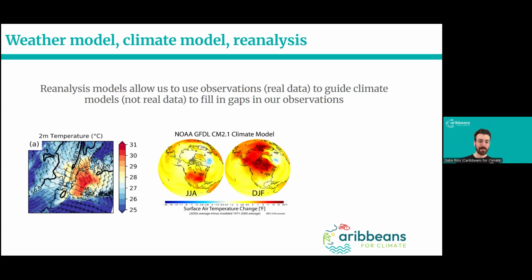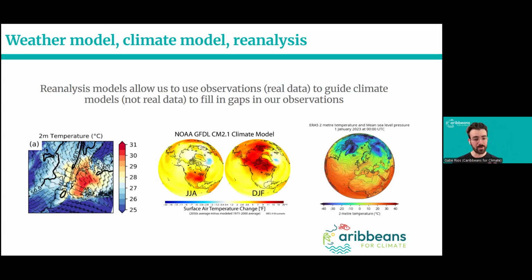Now, earlier I mentioned the gaps in our observational network. It would be nice to know what weather conditions were like everywhere, even though we don't have the infrastructure to know that. So what we use is a blend of climate models and observations, and we call that reanalysis. Basically, we have all these different points of observations that we know is real data.